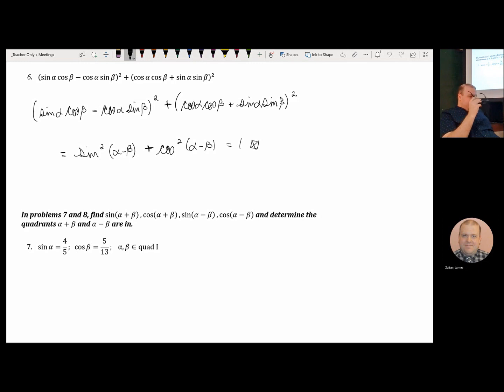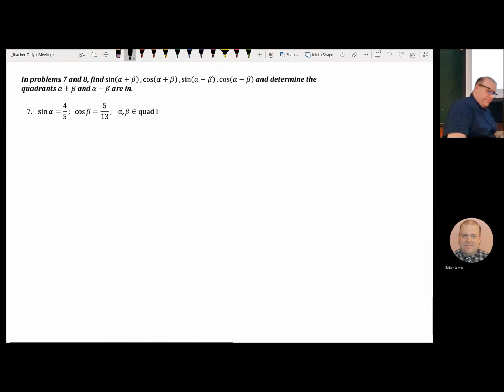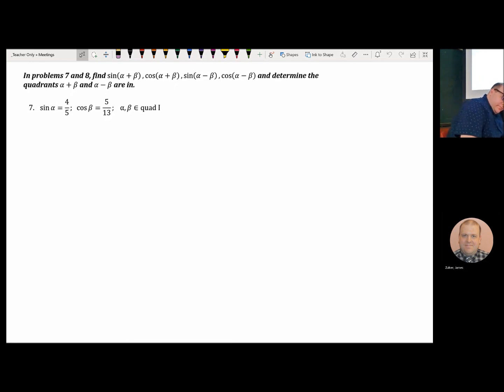Here we're told that sine of alpha is 4/5, cosine of beta is 5/13, and both alpha and beta are in quadrant 1, meaning they're acute angles. So right triangle trigonometry of both of them.